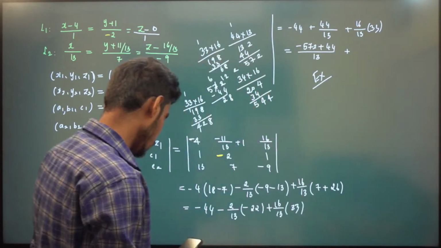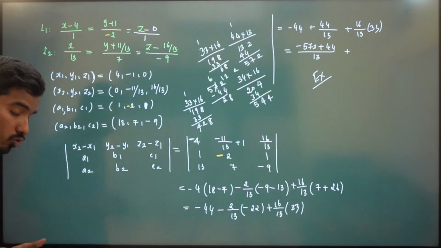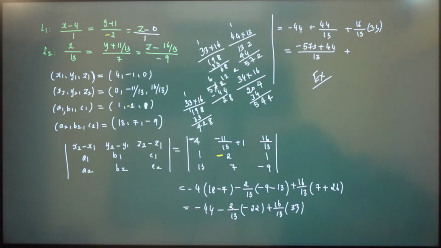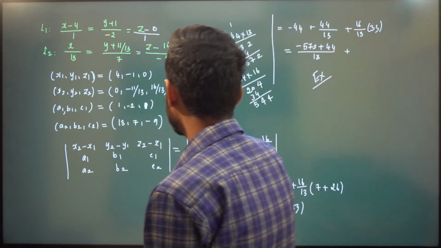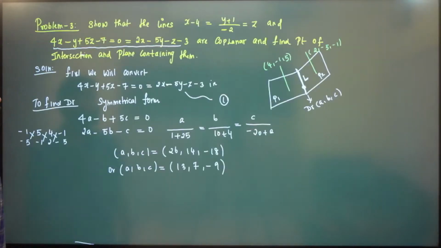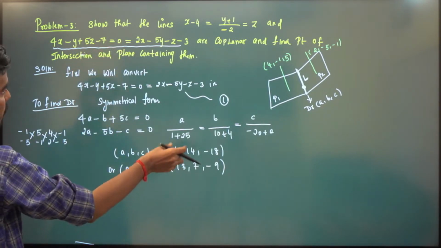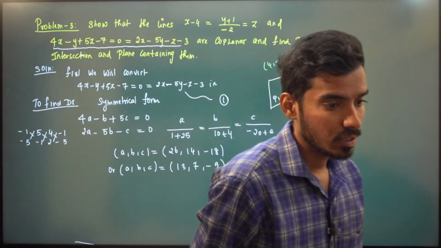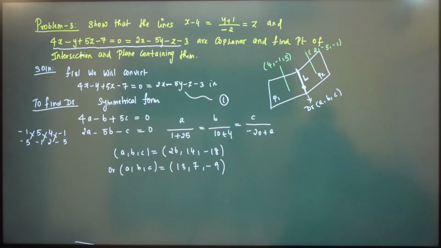Okay. Now I'll tell you the other method to show that they are coplanar. So here what we are doing is we are converting this general form to symmetrical form, right? After that, we are having two lines in symmetrical form. Then we are doing the previous procedure, right?